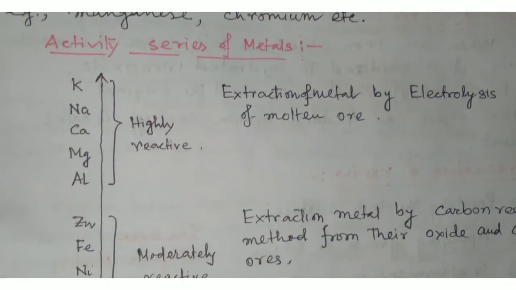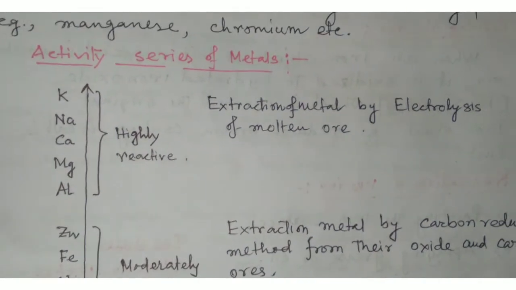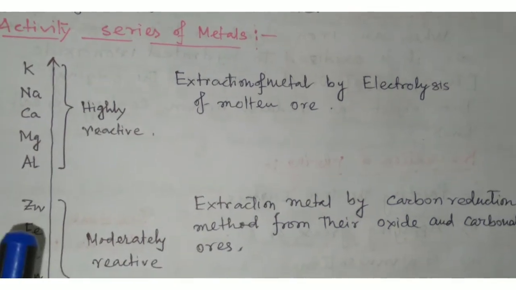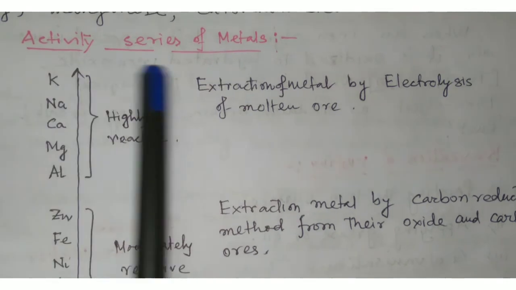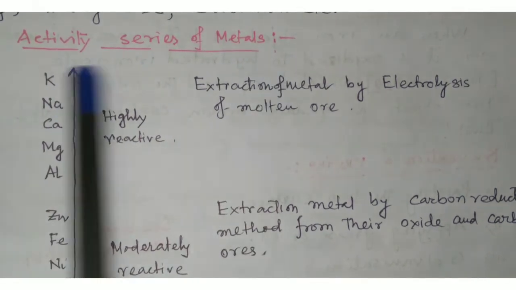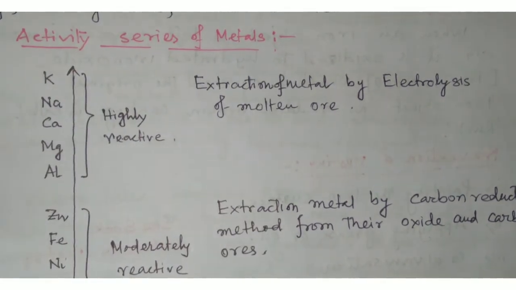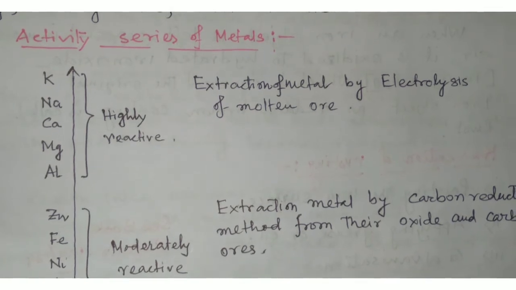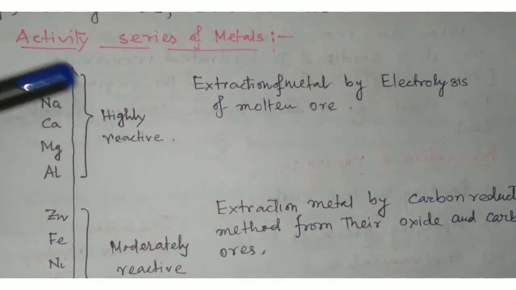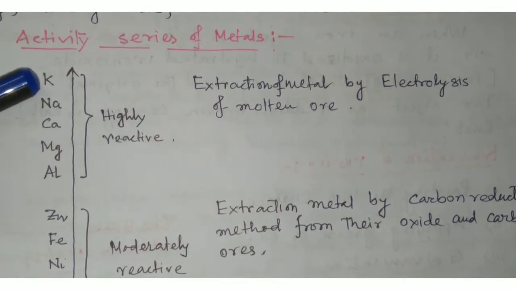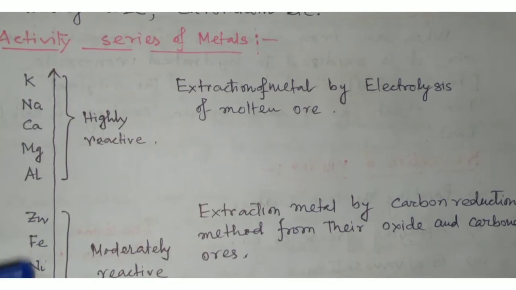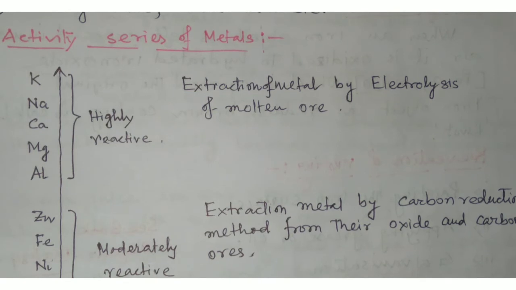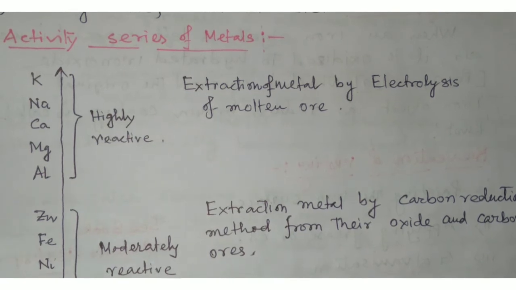Now, when we discuss metallurgy, there is a very important part. What is the activity series of metals? There is an activity series of metals. In this series, we arrange the metals in decreasing activity, or from the bottom, increasing activity.